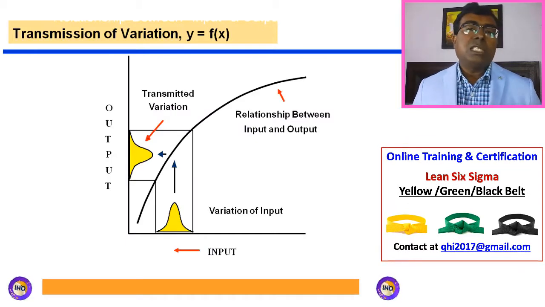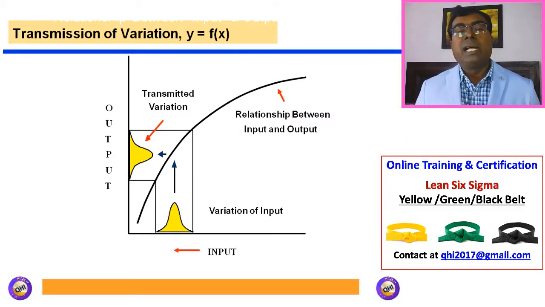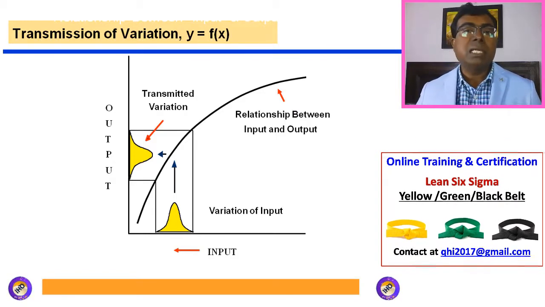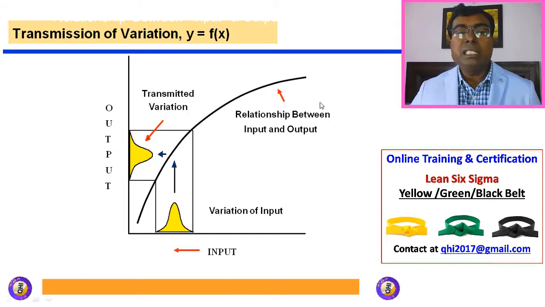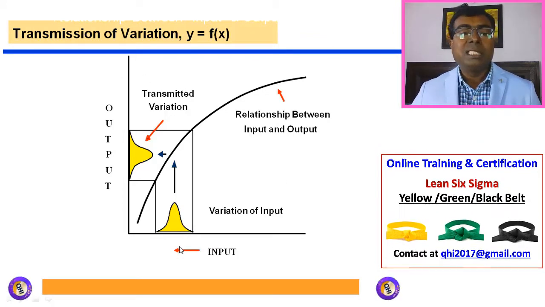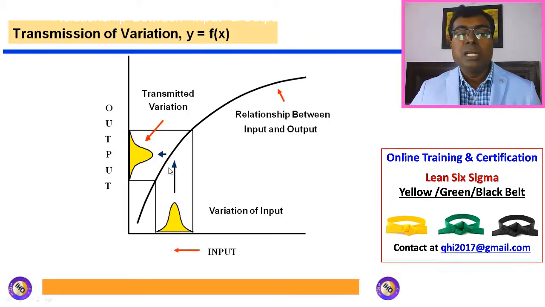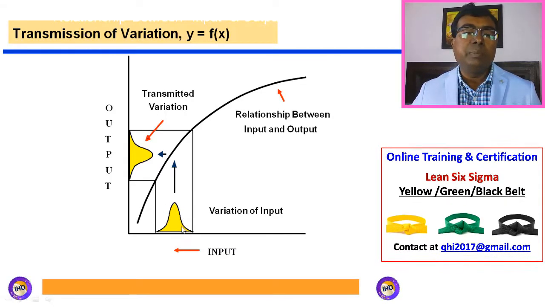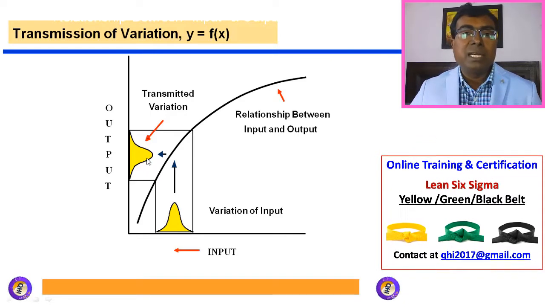Friends, statistical process control is a process of understanding the variation in the process, and for understanding the variation, we must understand the relationship between input and outputs. Here in this chart, you can see that relationship between inputs and output. It basically shows that whatever amount of variation you are having in your input is bound to get reflected in the output.